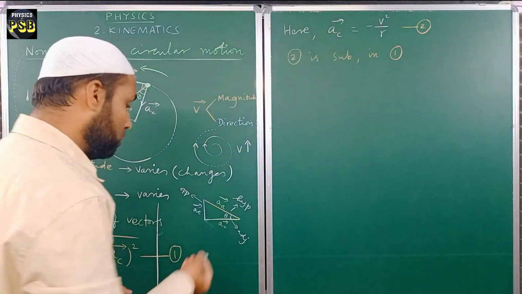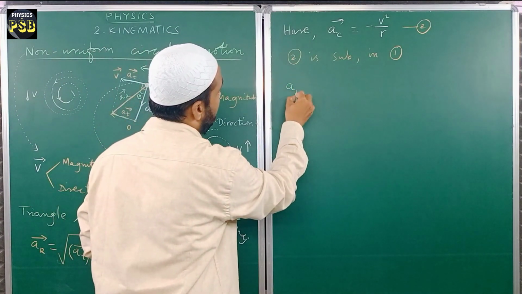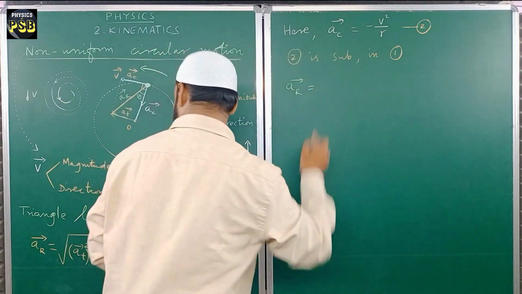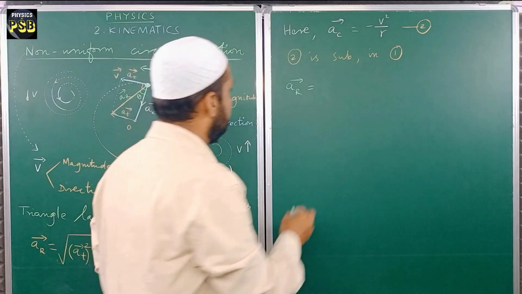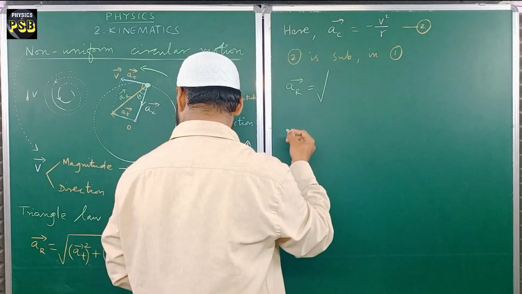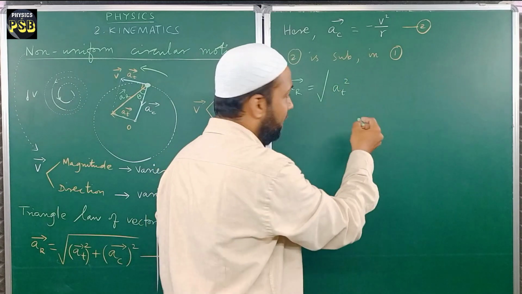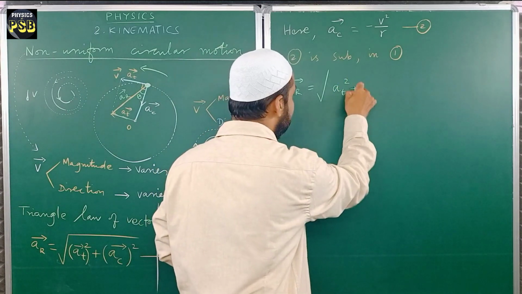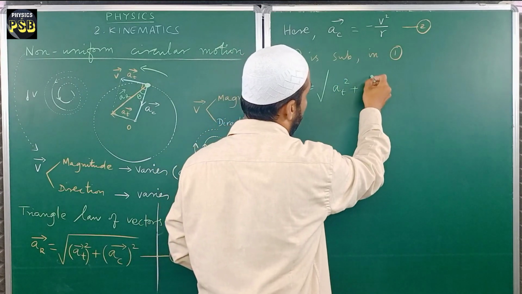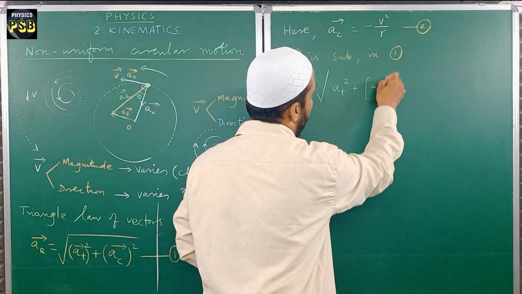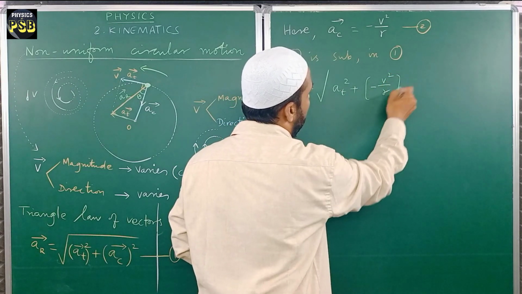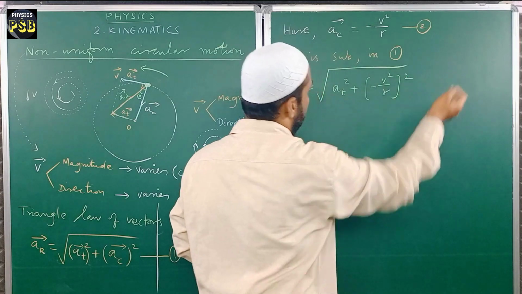What happens if I do so? AR vector is the root of AT square plus minus of v square upon r the whole square. This is what I get.